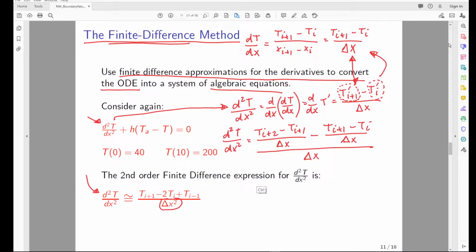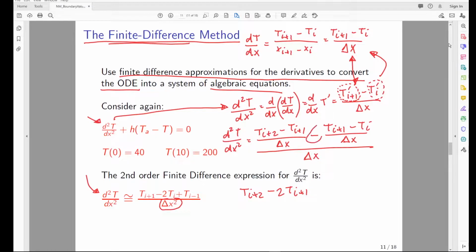Okay, so let's just take a little bit more time and talk about converting this into this format right here. So I'll do a T_{i+2} minus, well, there's two of those, T_{i+1}.